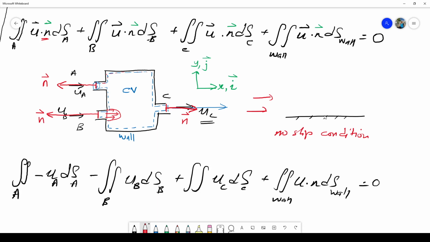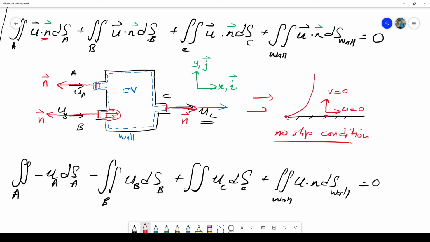The fluid attached to the wall is assumed to stick tightly to it, which means there will be no velocity in the v direction. This is what we call the no-slip condition. But as we travel above the wall, the velocity will vary something like this.